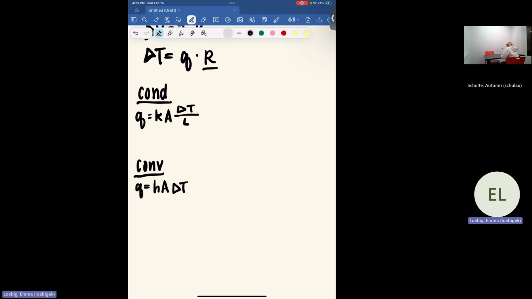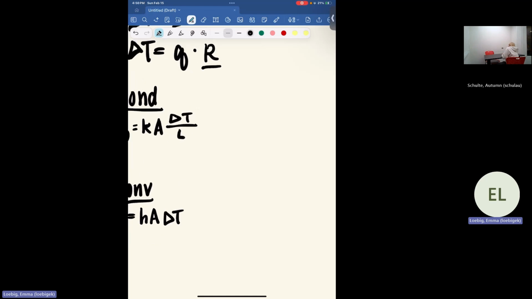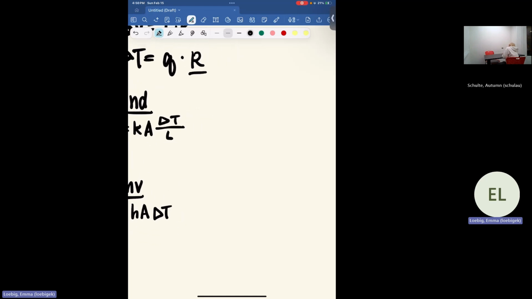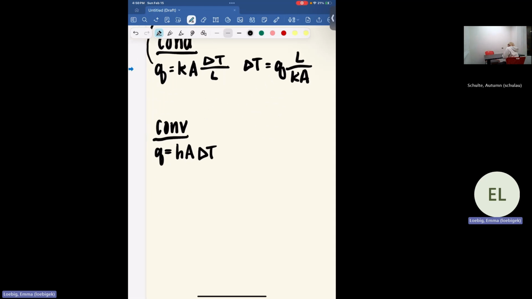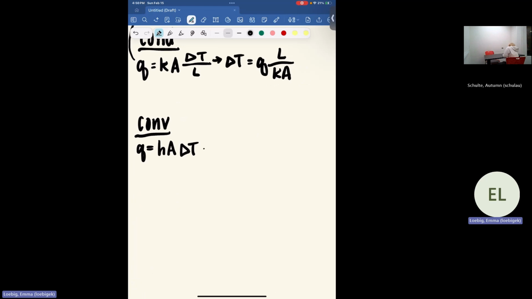If we manipulate this equation to look more like this, we're going to have that our delta T, our driving force, is equal to our heat flow multiplied by the thickness divided by our thermal conductivity multiplied by area. Same thing down here, we had our driving force, our change in temperature, is equal to our heat flow multiplied by 1 over the heat transfer coefficient multiplied by the area.